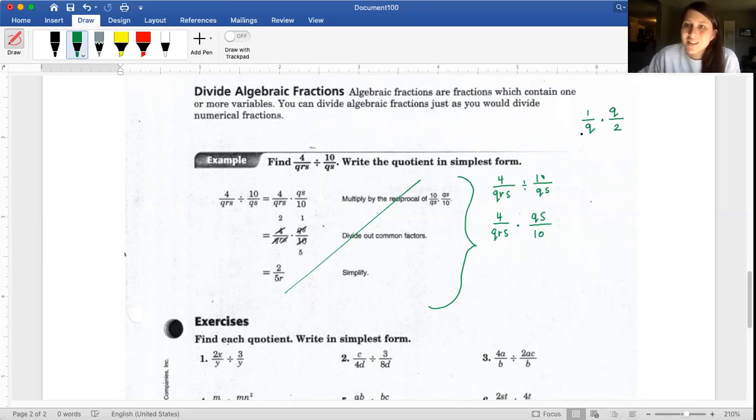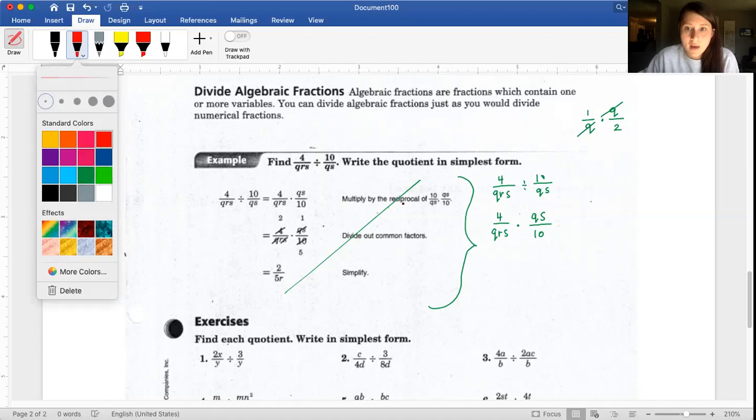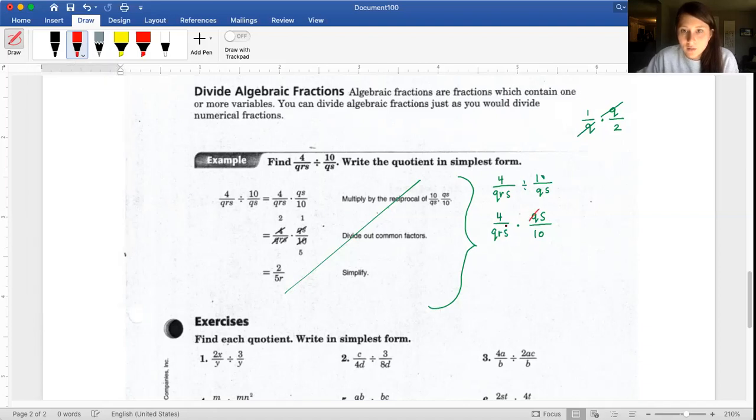Well, anytime I see the same number diagonally across, I can cross cancel, right? So if I see the same variable, I can also cross cancel. And I've got Q and Q, I can cross cancel, and then S and S. And when I cancel both variables out here, that doesn't mean it's 0. It means that it's just 1.